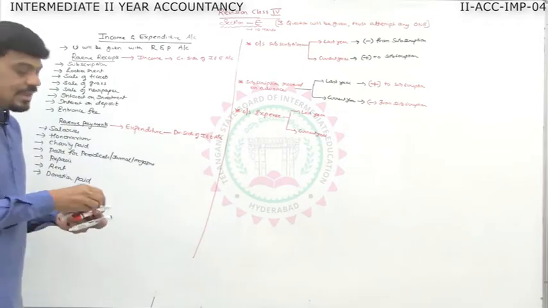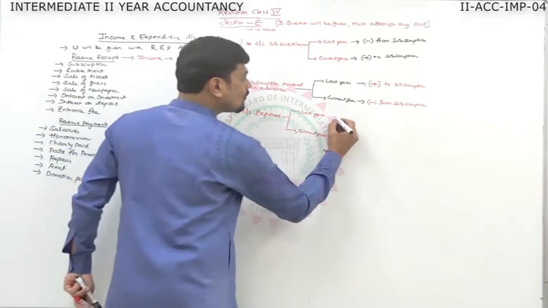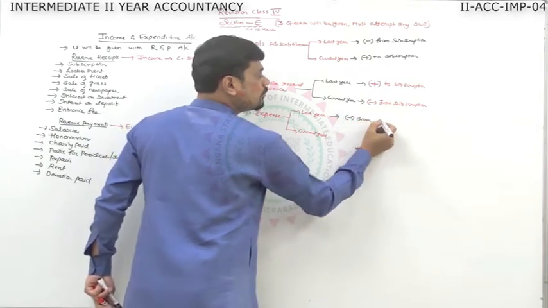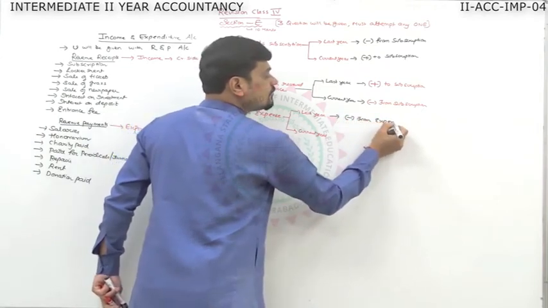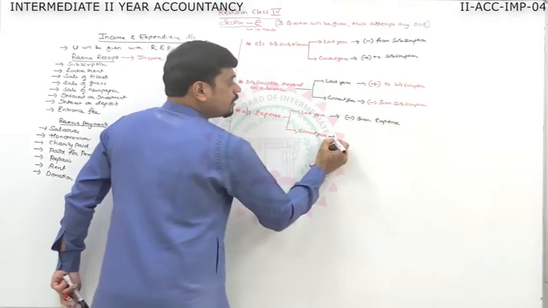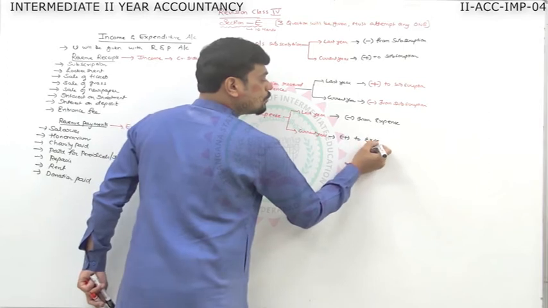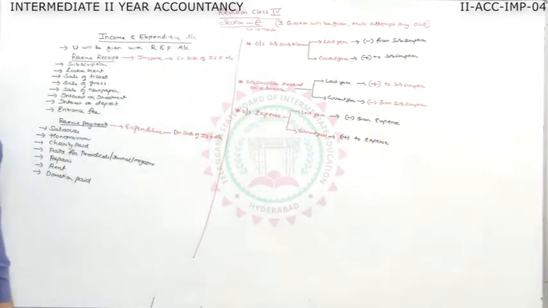If he gives you of last year, what will we do? Last year, minus from the related expense. If it is rent, from rent. Salaries from salaries. Then here, add to expense. These are the logics which you have to keep in mind.